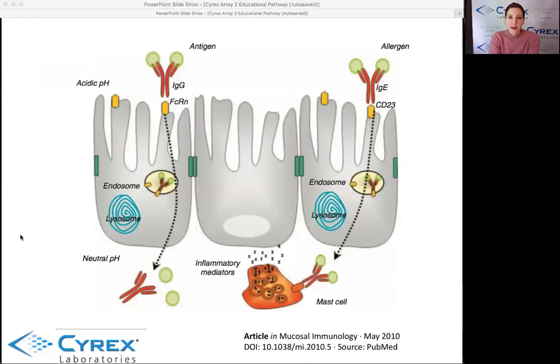So here we have again, when you have IgE-mediated transport through the receptor on the apical part of the membrane here, it bypasses degradation in the interior of the cell, and the food protein is actually presented directly to mast cells, initiating inflammatory mediators, resulting in classical allergic symptoms.